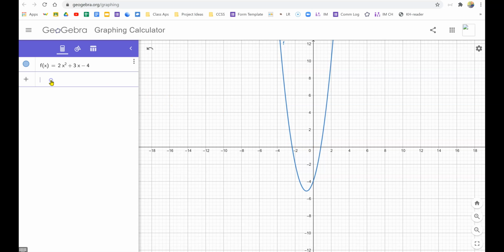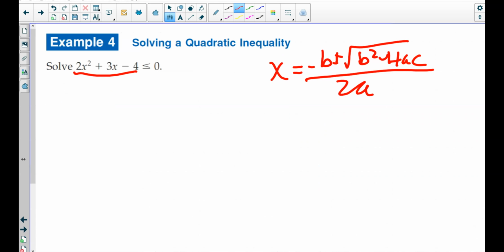So again, we're going to type in root, parentheses, f of x, and hit enter. And again, it gives us the 2 points A and B where it crosses the x-axis, negative 2.35 and 0.850. So, to write an inequality, we're going to say that the solutions to this inequality are all the x values that are greater than or equal to the left-hand point and less than or equal to the right-hand point.